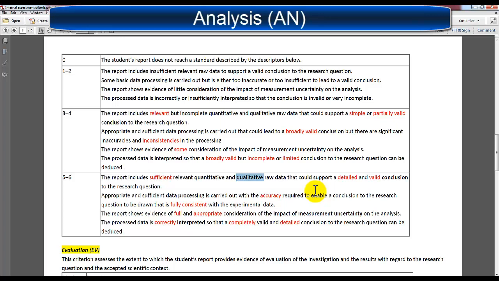If you simply don't know, it is very hard for you to think of some qualitative data. For example, when you do a certain motion study, maybe you drop a certain object over an inclined plane, for example.